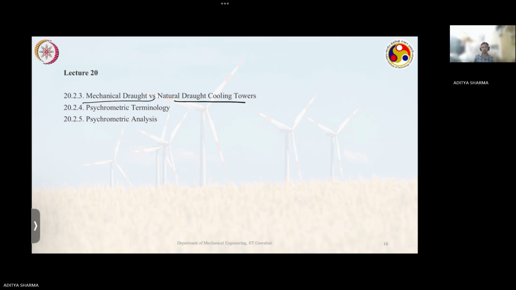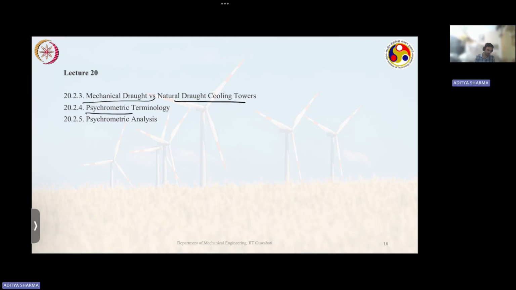Here the movement of air is because of density differences between the air outside the tower and the fluids inside the tower. So that leads to circulation. Inside the tower the densities are lower and outside is higher, so that leads to air circulation inside the tower.